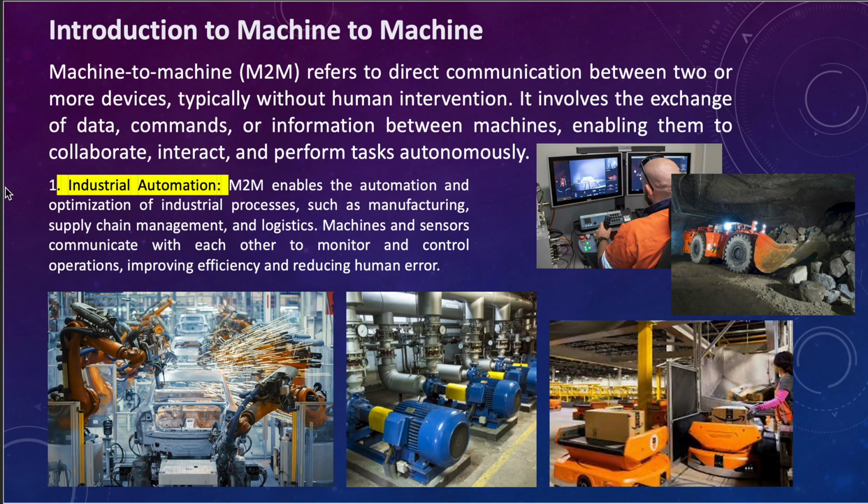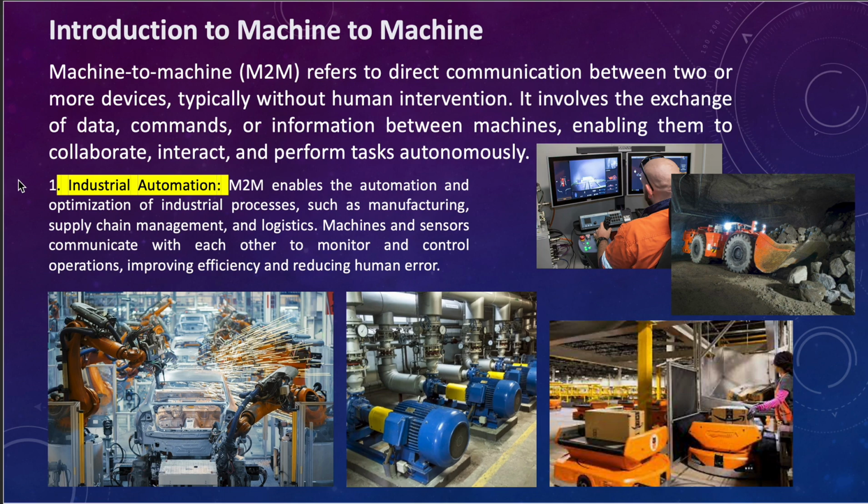Then we learned about the introduction to machine to machine. Machine to machine, of course, I will go through the definition again. Machine to machine, or M2M, refers to direct communication between two or more devices, typically without human interaction.